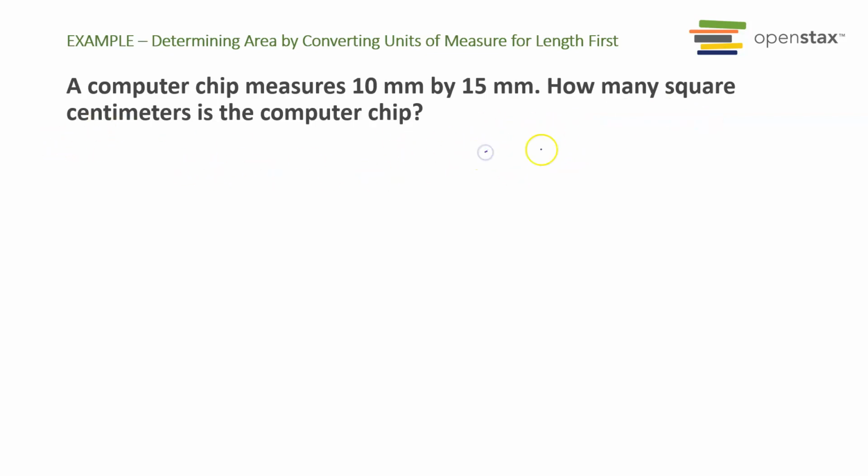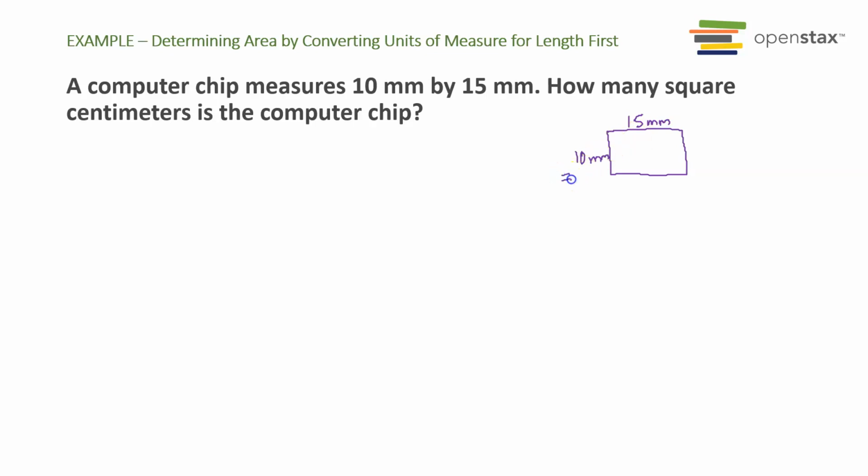So again, there are several ways you could do this. Let's start by drawing a picture. So we've got 10 by 15, right? Let's say this is our 10 millimeter side and this is our 15 millimeter side.